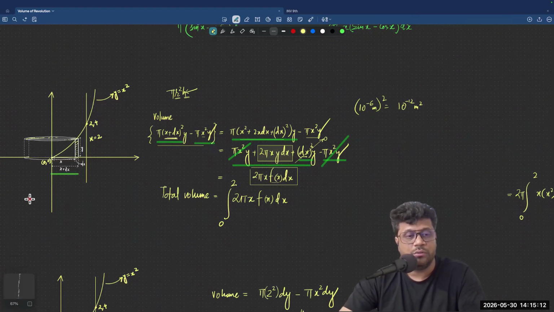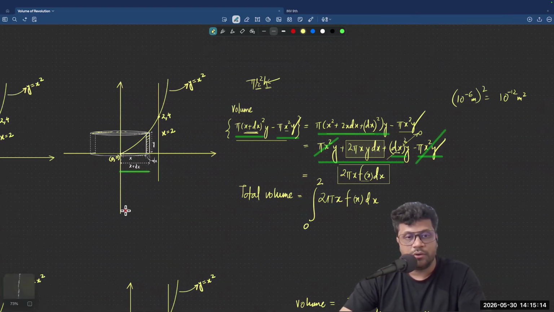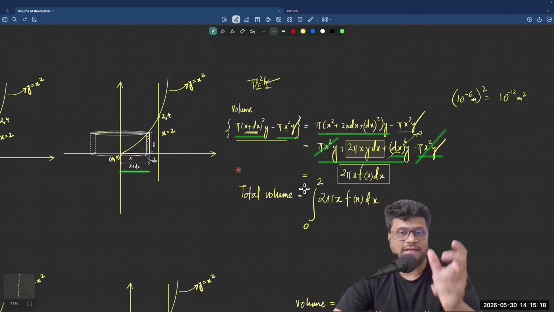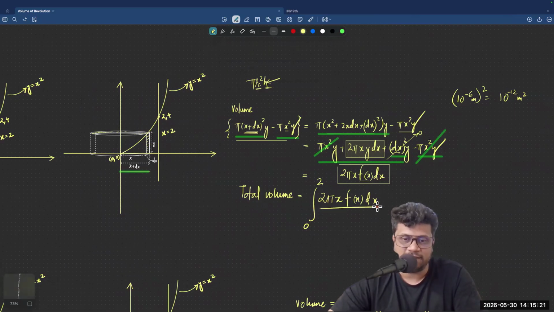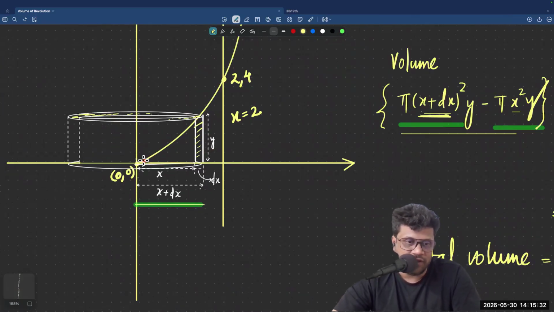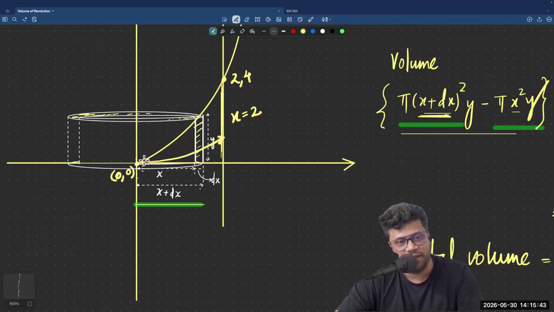What would be the volume of the entire area when it rotates? It'll be the integral of 2 pi x f(x) dx. The limits are supposed to be the x values of the strip out here and of the strip out here. In a way, you cover all the possible vertical strips between these two.